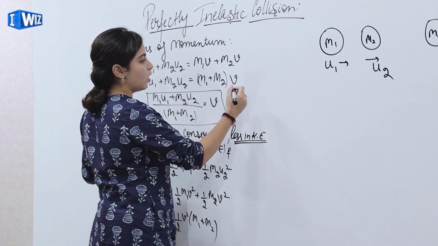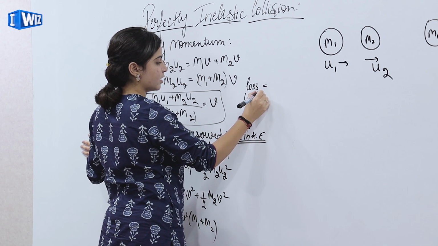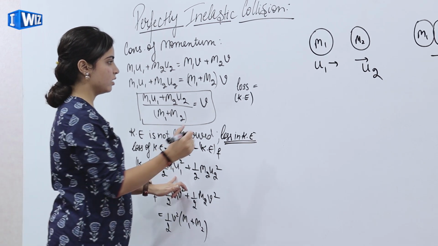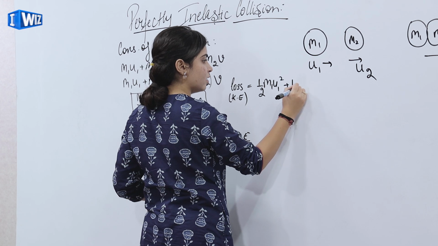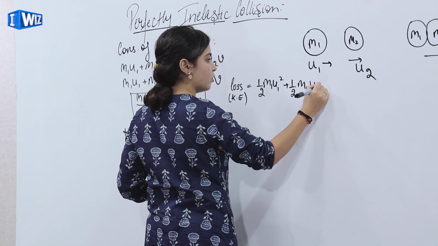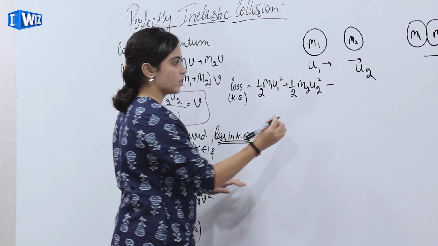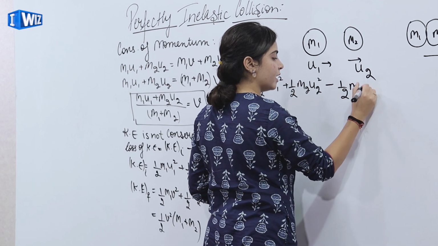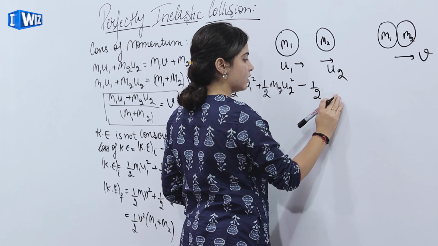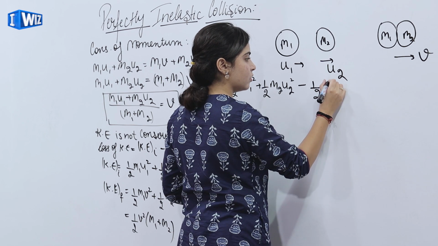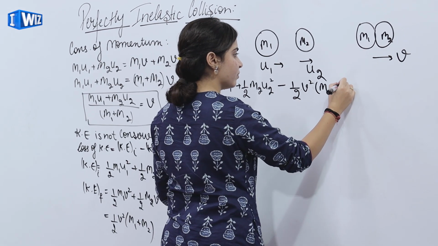So the loss in kinetic energy is equal to initial, half m1 u1 square plus half m2 u2 square, minus final, half v square (m1 plus m2).